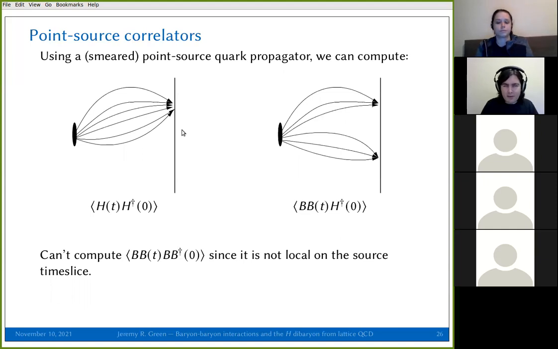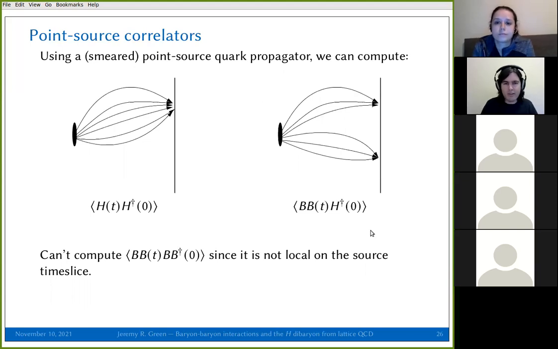This gives the hexaquark type interpolator, or you can have a hexaquark interpolator at the source and a baryon-baryon at the sink. But you can't easily do baryon-baryon at the source and baryon-baryon at the sink, because the baryon-baryon source is not local. It's bilocal.